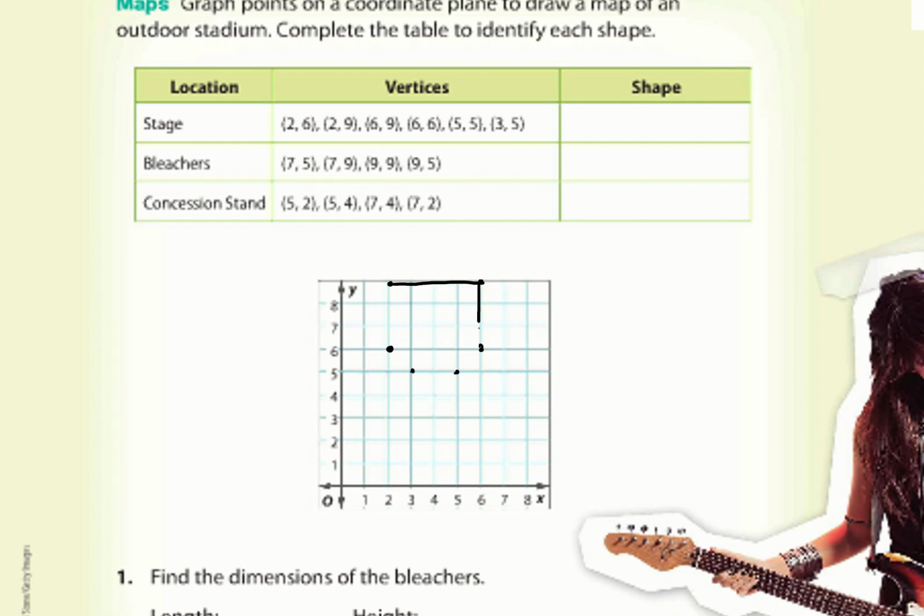And once I connect the dots, a shape with 6 sides is going to be a hexagon.